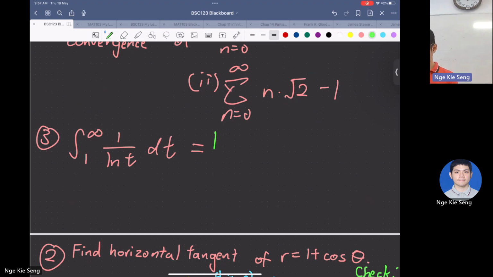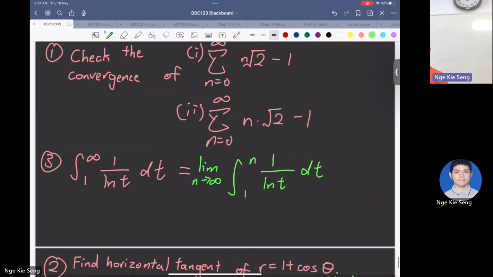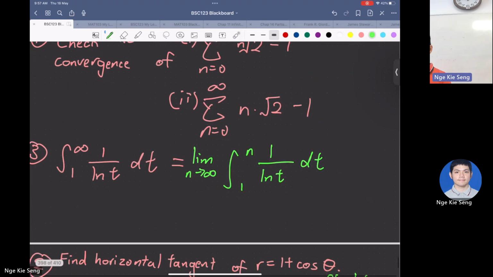So you need to use an improper integral. This one is very important, improper integral, especially when you are using the integral test. So I think if you use integration by parts it should be hard. So maybe you can use change of variable.